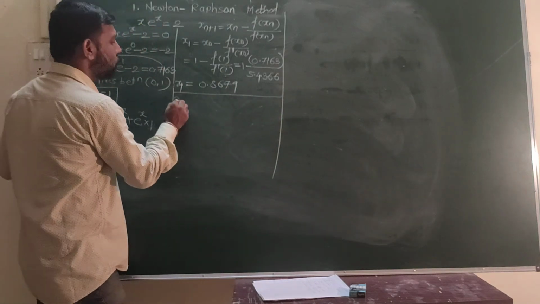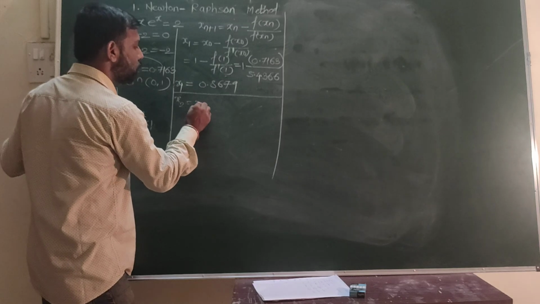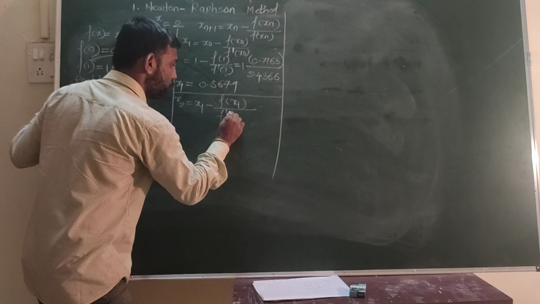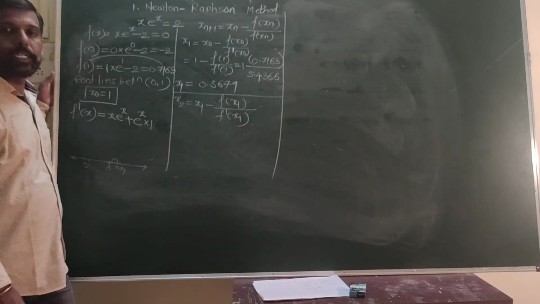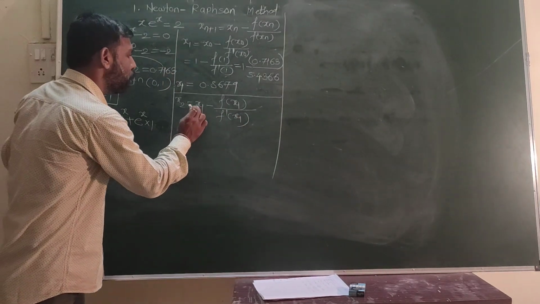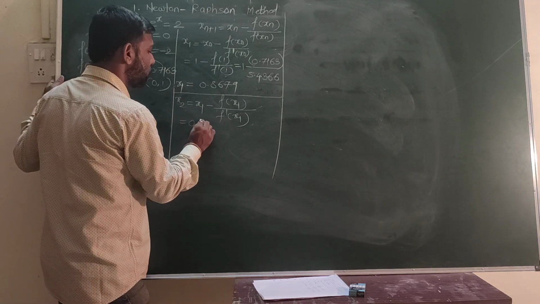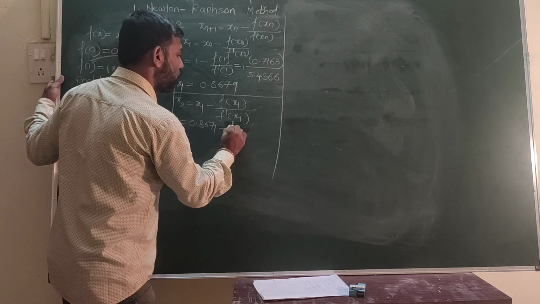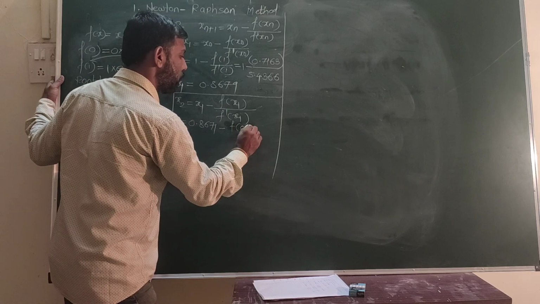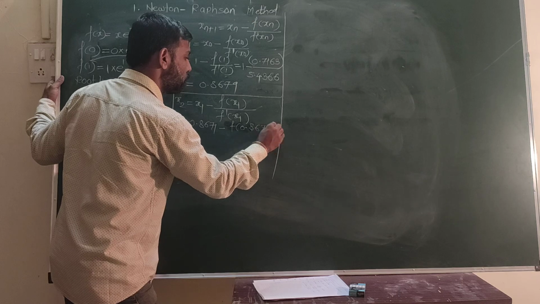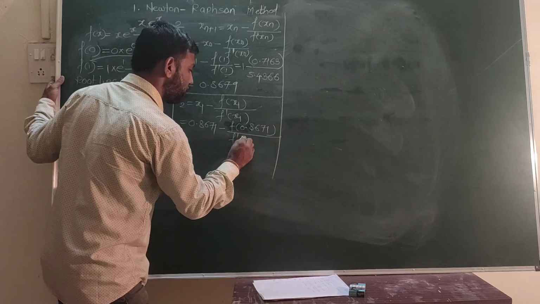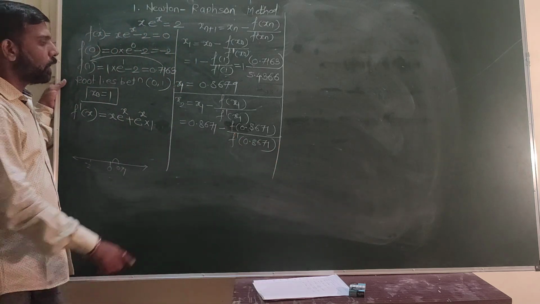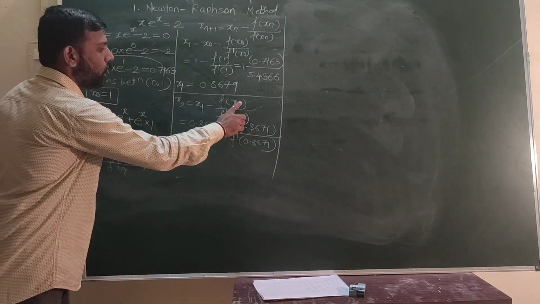Next, the x2 formula: x1 minus f of x1 upon f dash of x1. So this is x2, the second approximation. Substitute here the previous x1 value, 0.8671. So in the second approximation we only substituted this value x1.